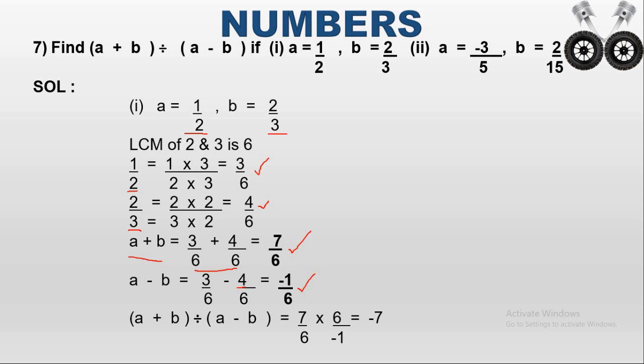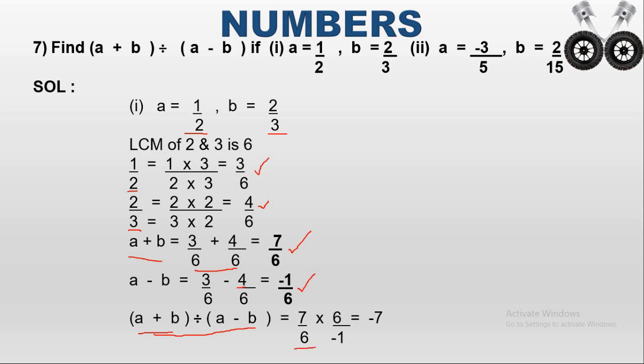So next we have to find the value for a plus b divided by a minus b. If I want to divide two rational numbers, I have to replace the division operator with multiplication, and the second rational number is written as the reciprocal of the given number. So first we write the a plus b value, which is 7 by 6.